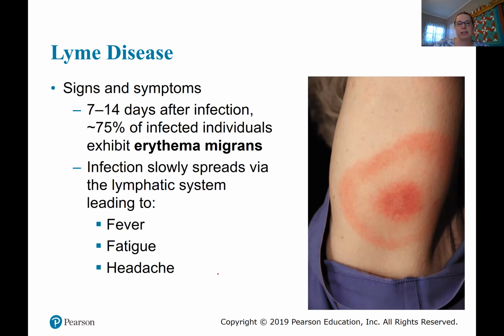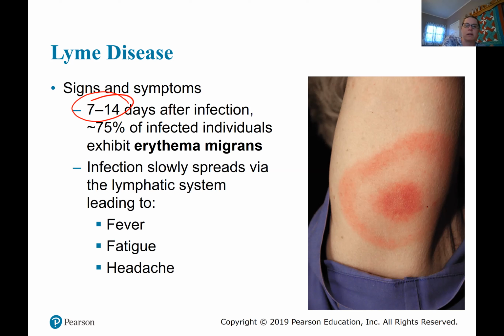Typically, you start to see signs and symptoms about a week or two after infection, and 3/4 of patients that have been infected are going to have this bullseye rash that's very typical of Lyme disease, and it's called erythema migrans. And this would be where the tick was attached, and it forms this type of rash here in this example.